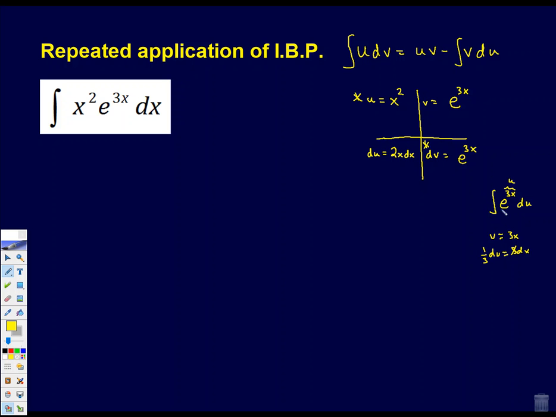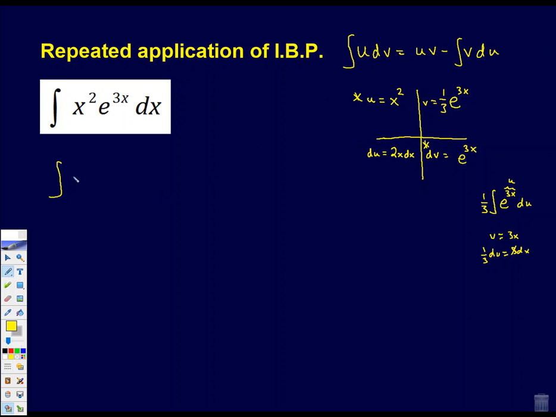This is really 1/3 e to the u du, and so the antiderivative is 1/3 e to the u. So if I'm integrating e to the 3x, the antiderivative is 1/3 e to the 3x. So there's a couple instances where you have to watch for that. You'd have to do a similar thing if your dv was like the sine of 2x, then the antiderivative is going to have a 1/2 in it. But that being said, let's start filling this in.